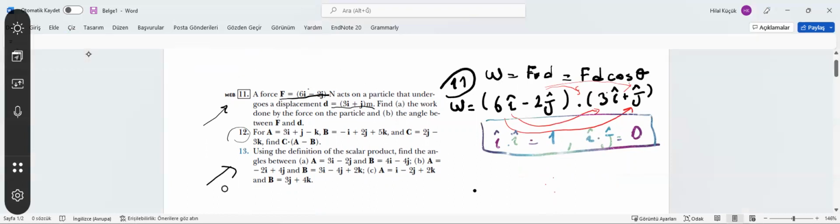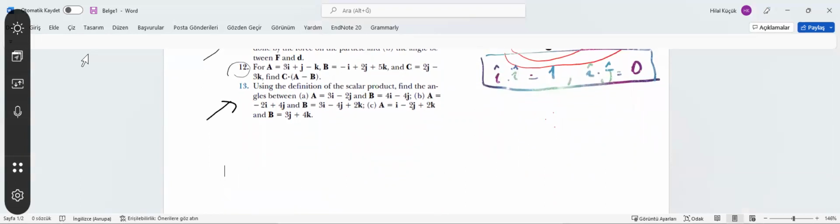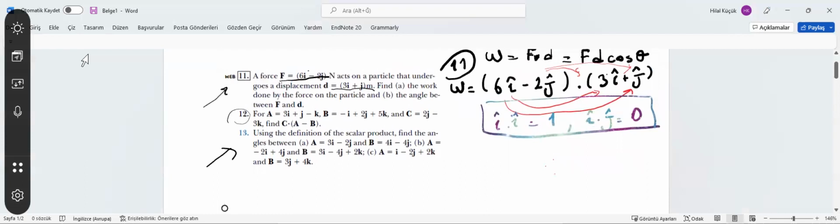I will continue here. Maybe I can write below to take more space. W equals 6I multiply 3I, 6 multiply 3, and I am writing the scalar part outside.